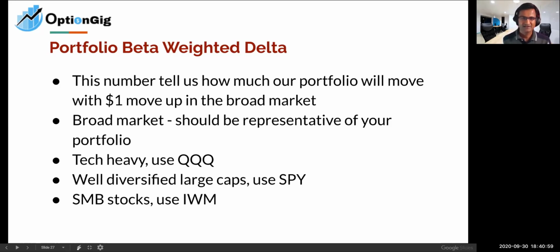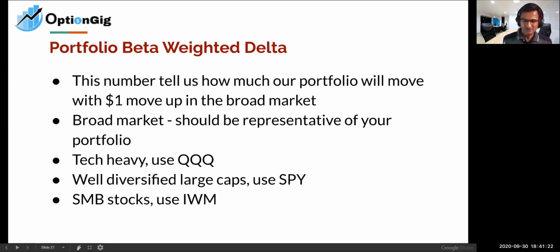Because if you think the market is going to go up, make sure you have a lot of positive deltas in it. The calculation of delta or portfolio beta-weighted delta will not take into account what you think. That's a pretty standard mathematical calculation based on the positions that you have in your account.